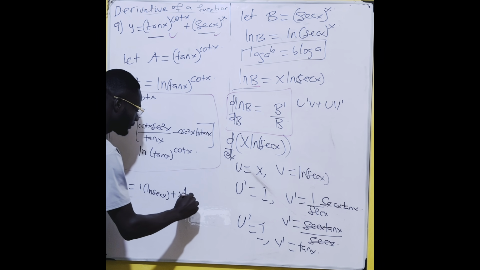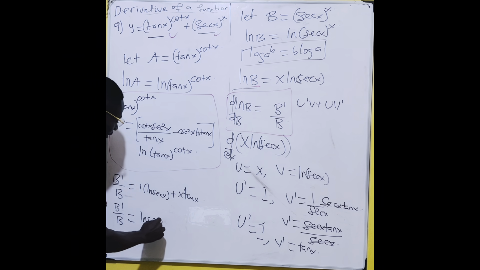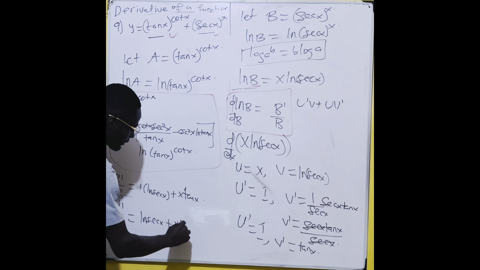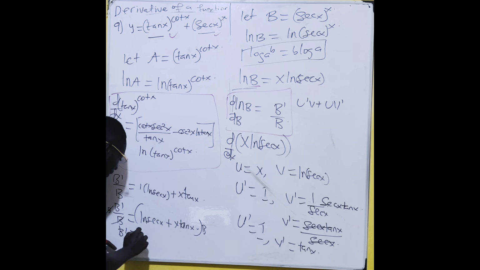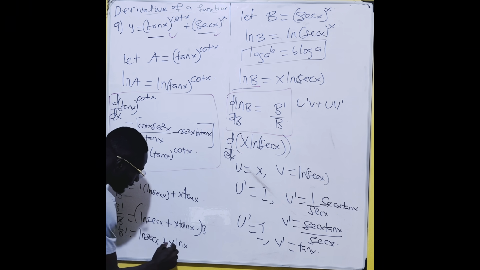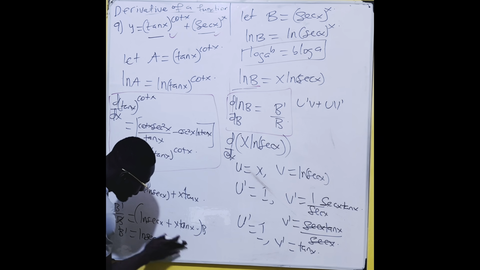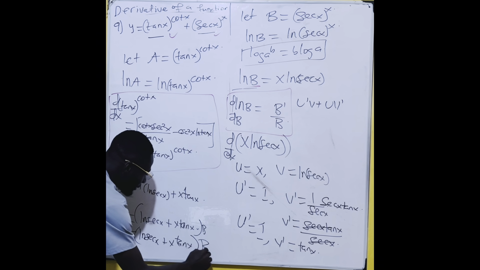So we have tan x. So in all, we have b prime over b to be equal to ln of sec x plus x tan x. And this, we know that the b will multiply here. So you have this taken off this, and then we have b prime to be equal to ln sec x plus x tan x, all multiplied by b.